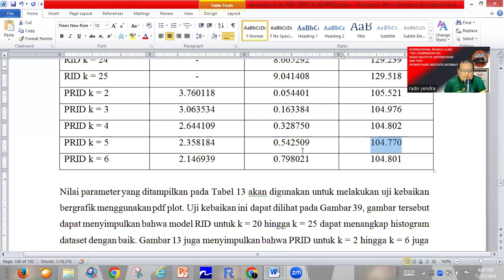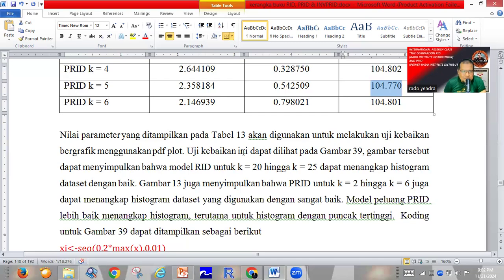From this conclusion, it means that for the data in table 9, the probability modeling with two parameters is better than the probability modeling with one parameter, since the RID has only one parameter and the PRID has two.